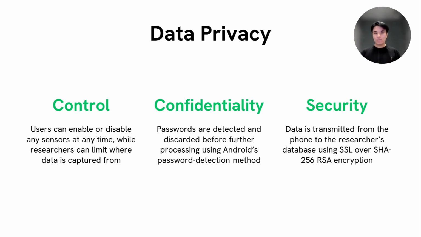Upon detection, we discard all the corresponding data on that screen, and that data is not stored. Additionally, all data transmission from the participants' phones to the researcher's database uses SSL over SHA-256 RSA encryption, which is a secure protocol for data transfer. We will further explore how participants felt about their privacy during the study in more detail.